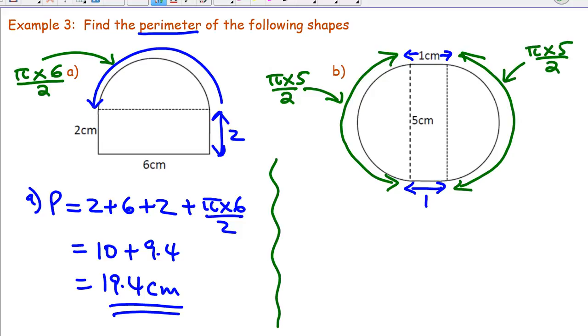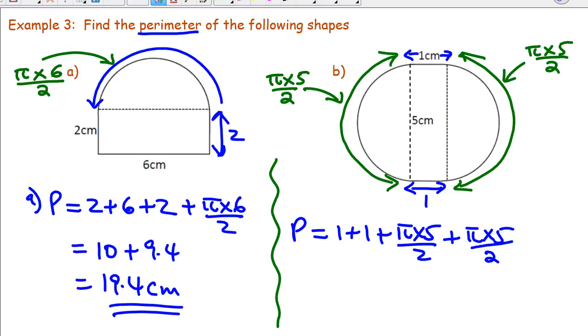That will be that distance, which means that the perimeter will be equal to 1 plus 1 plus pi multiplied by 5 divided by 2 plus pi multiplied by 5 divided by 2. Which means that, if you just plug in your calculator, will be equal to 17.7 centimeters.